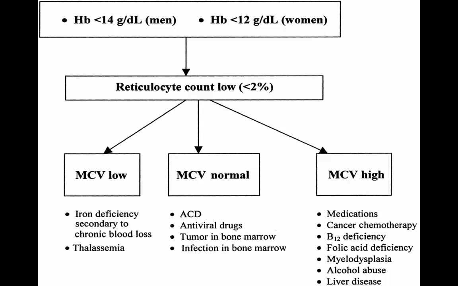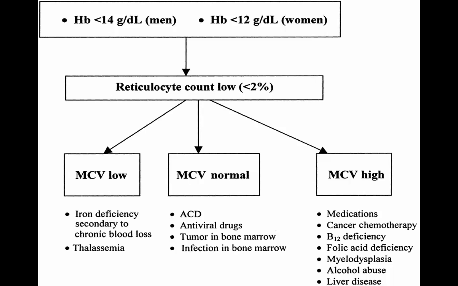In addition, for the normocytic normochromic, you have anticonvulsive drugs, antivirals, tumors such as leukemia and lymphomas, and infections in the bone marrow. You would see all the chronic diseases that you can think of, renal failure, any type of disease that is basically chronic, including myelodysplastic syndrome.